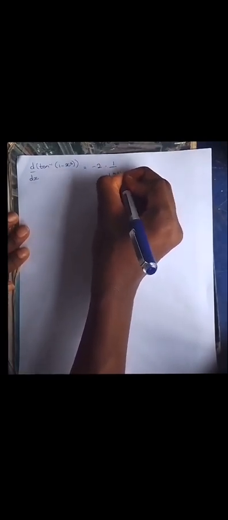So now we're going to multiply the equation we got. Let me write it out here for clearer understanding. I'm sorry for the background noise. d arctan(1 minus x squared) dx is equal to minus 2 times 1 all over 1 plus u squared.